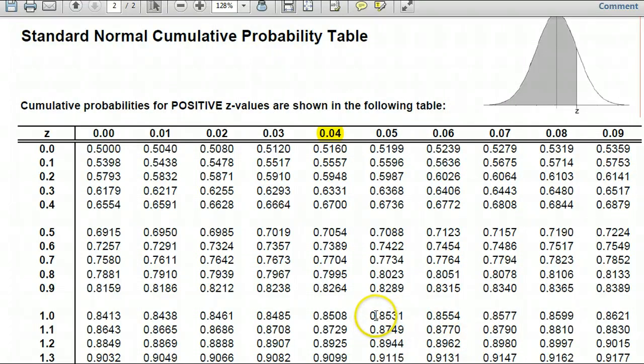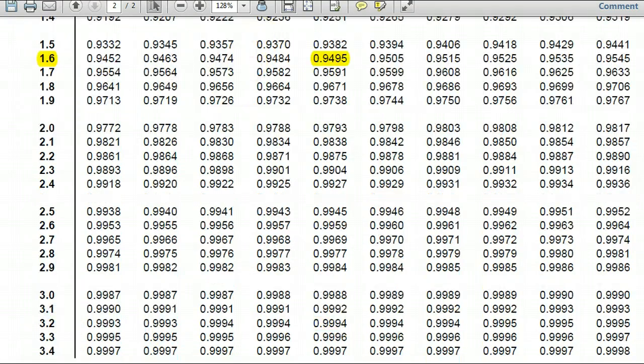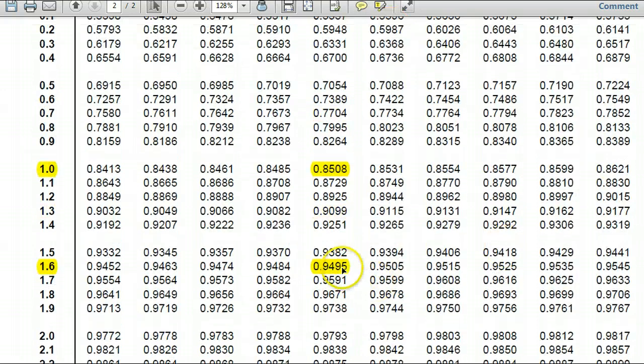All right, there's 0.8531, 0.8508, 0.8485. Okay, so 0.8500 is going to be somewhere between these two numbers. Okay, 0.8508 is closer than this one, so let's go with that. All right, now looking at what z-score that implies. Okay, and I can get rid of these old ones that we're not doing right now.